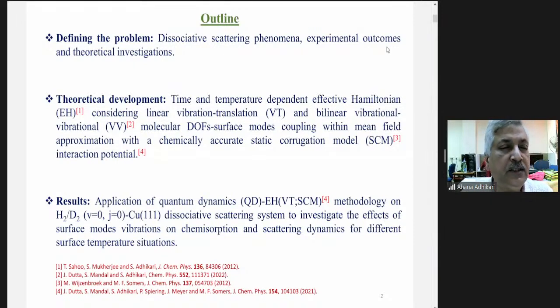That means state to state: when H2 comes and hits the copper surface and is scattered back, it can have inelastic scattering or elastic scattering, and when it dissociates, it is chemisorption or physisorption.